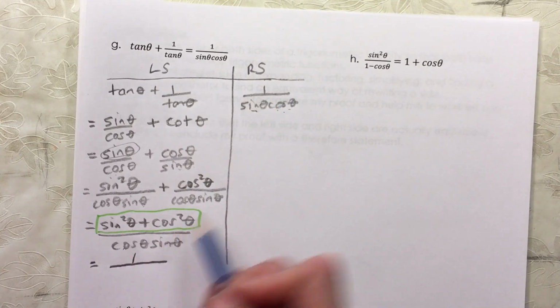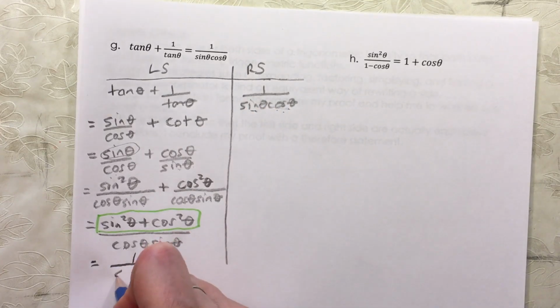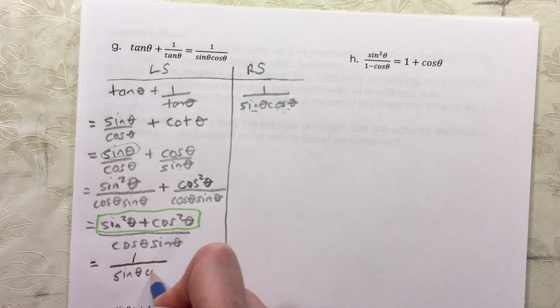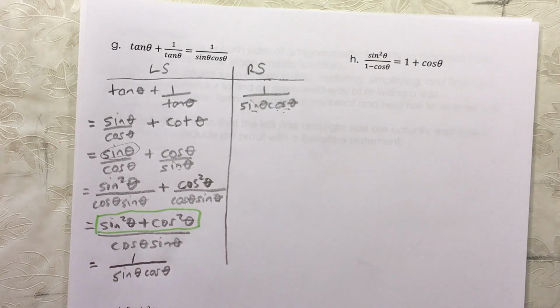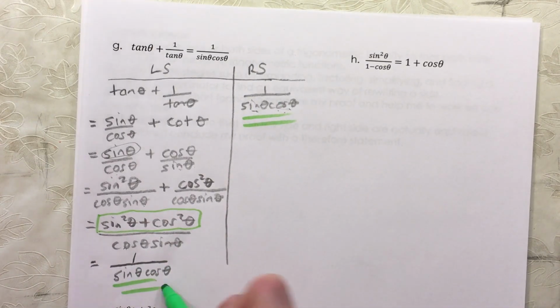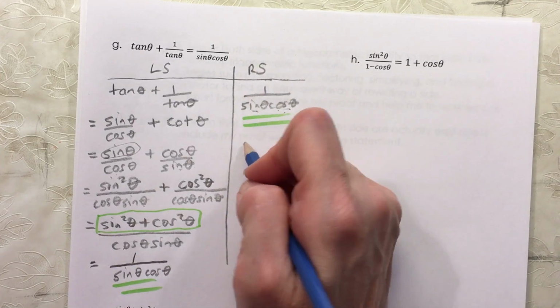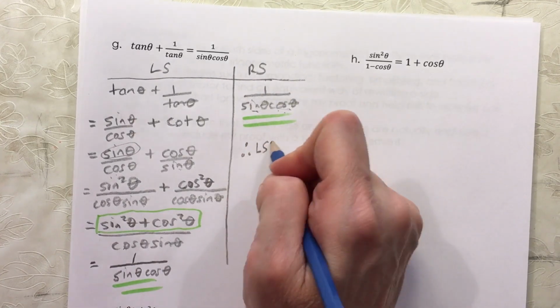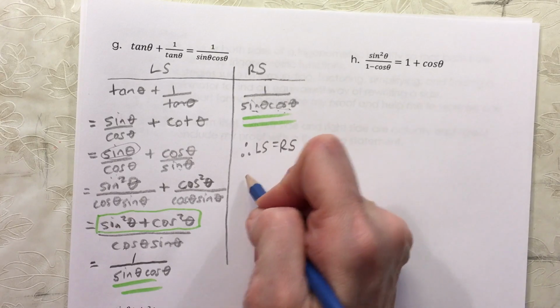It doesn't matter what order you multiply two things in, so I can just write this denominator as sine theta cos theta. And they're the same. So indicate that with your double underline. So we can say, therefore, the left side equals the right side.